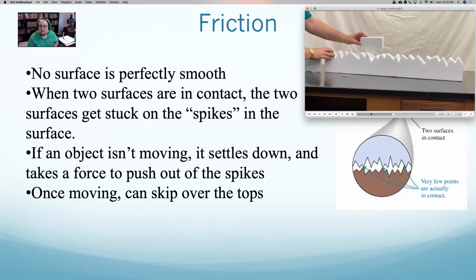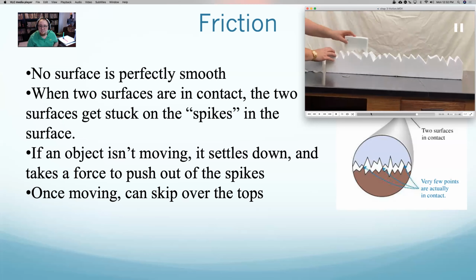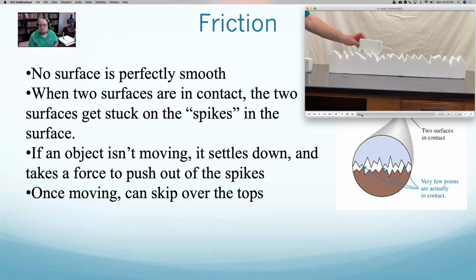That resistance makes it a little harder to move versus something that is smooth. But once again, nothing is perfectly smooth. Some things are smoother than others. That's what Teflon is. If you coat something in Teflon, you're making it smoother than normal. But these teeth will still line up.